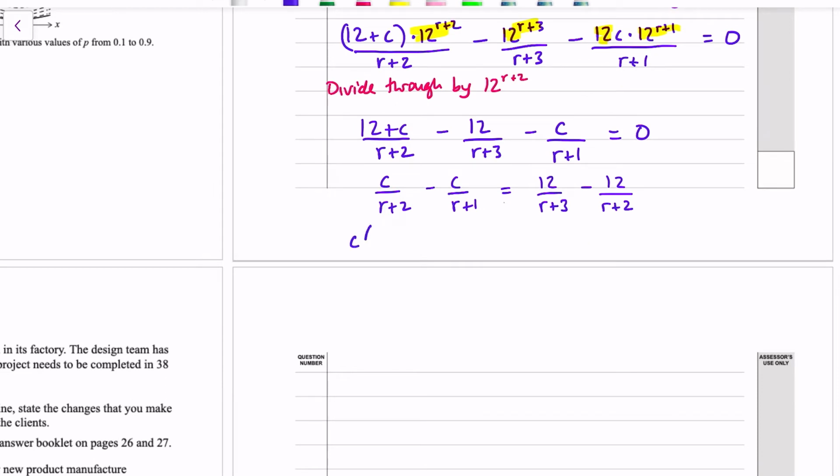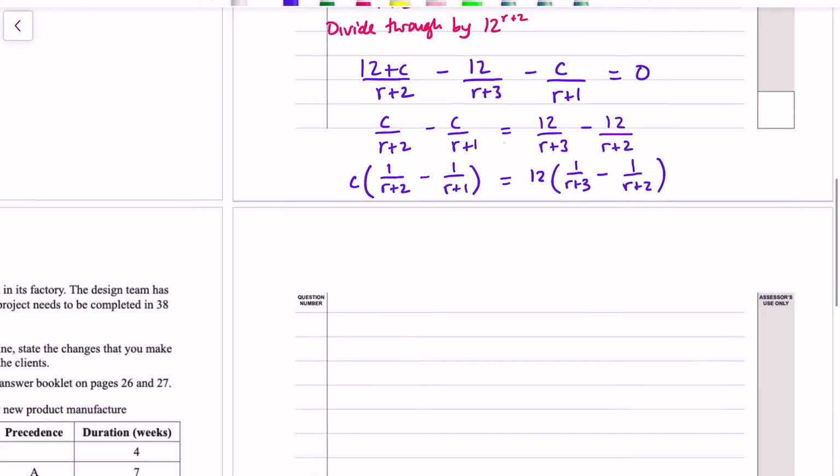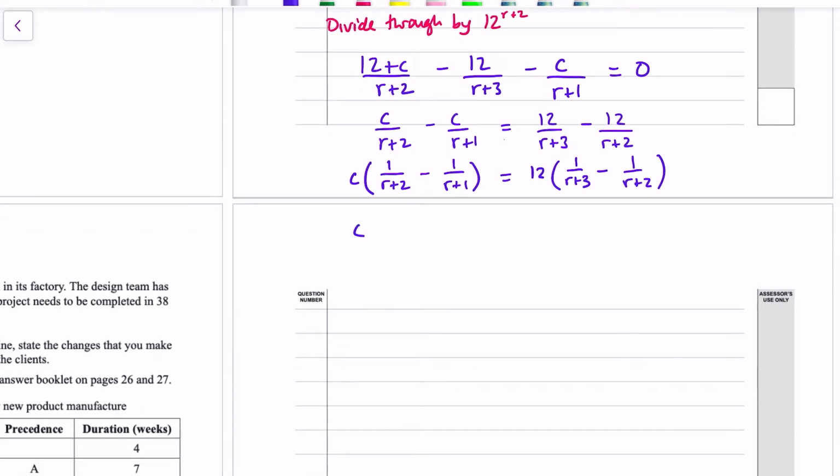And then if I factor the c out of this, and I factor the 12 out of this, then I can put those fractions together. Be careful with the minus in this. And put the fractions together on the other one.